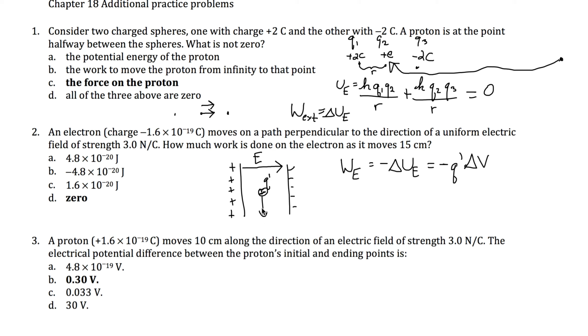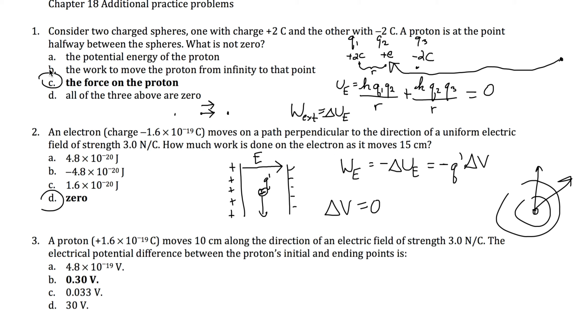Another way to think about it is you learn that when you have equipotential lines, your electric field lines are always perpendicular to them. So a line perpendicular to the electric field is an equipotential line. All the points are at the same potential, which means delta V, the potential difference, is 0, which means the work is 0.